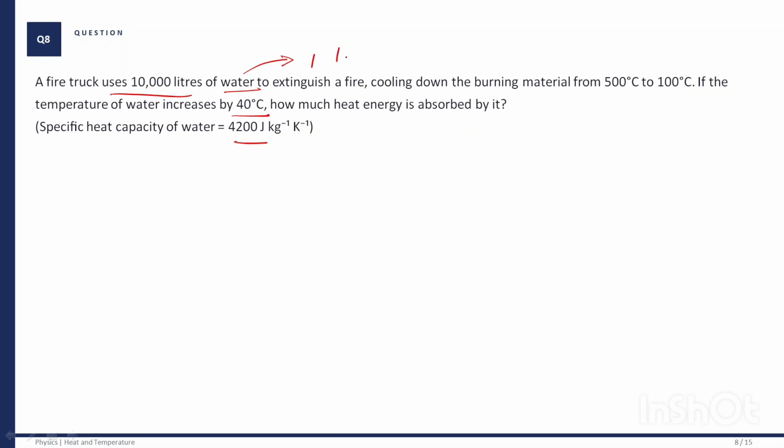1 liter of water equals 1 kg. Then the mass of the water equals 10,000 kg.